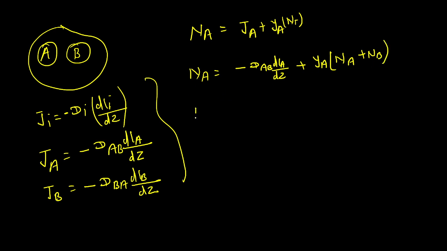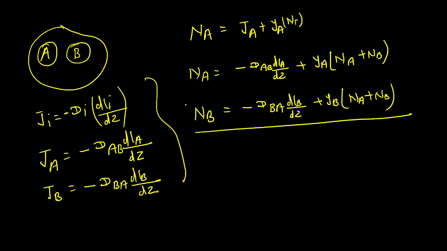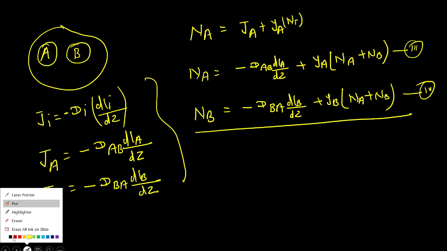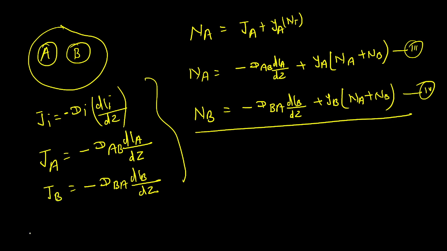And for Nb you can write minus DBA dCB by dz plus Yb, and this will be times Na plus Nb. I think up to this everything is clear, why I am writing this particular formula. Now, if I assume this equation is third and this equation is fourth, what will you get now?